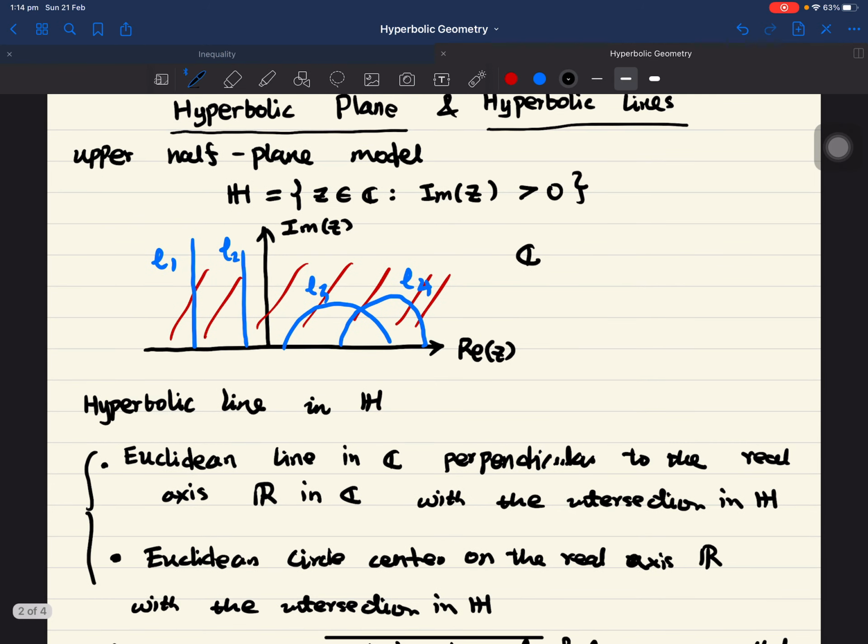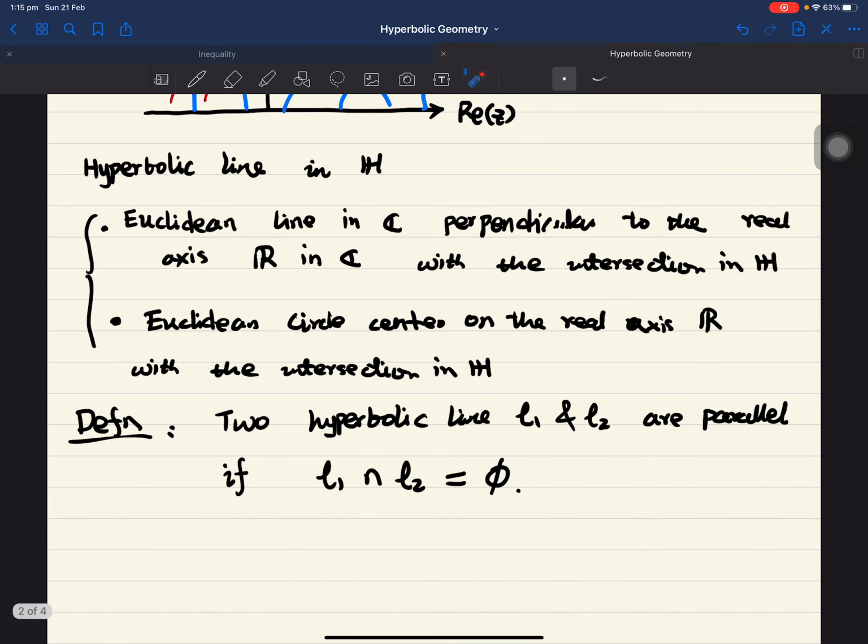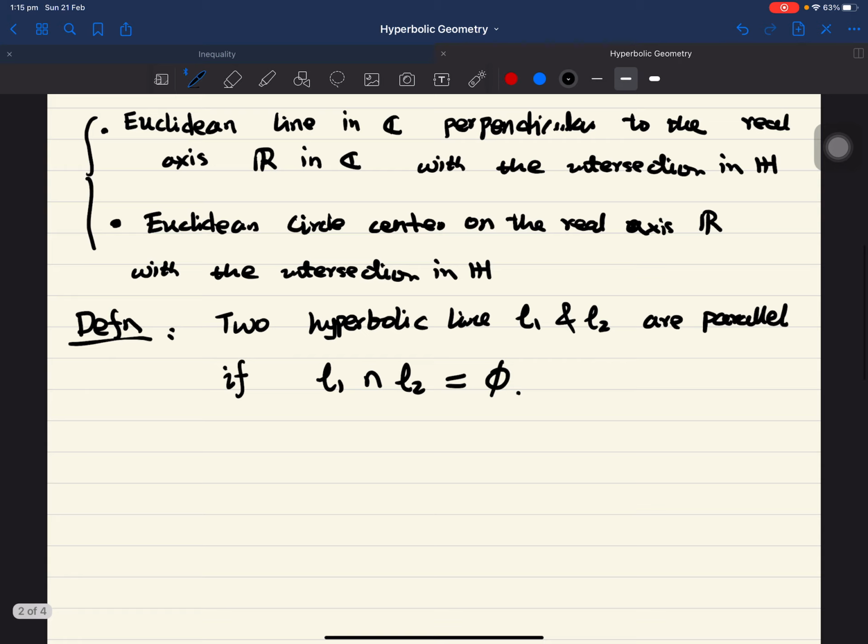So in the example above, we can see that L1 is parallel to L2, L3, and L4, but L4 is only parallel to L1 and L2, but not L3.